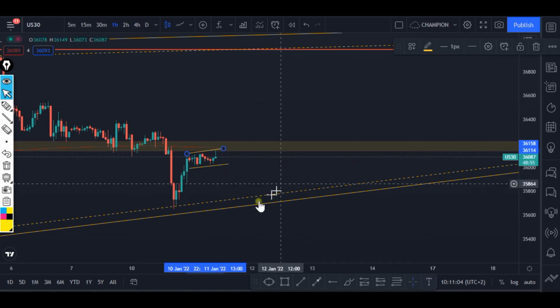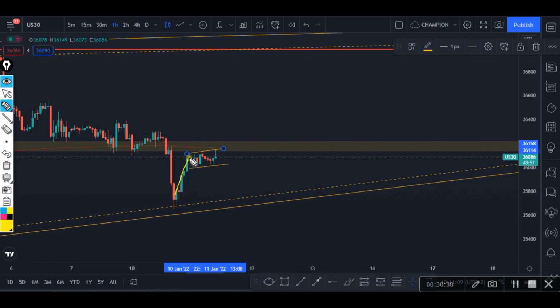Hope you guys are able to see this flag pattern right here. If you agree with me, comment in the comments down below and let me know what you think, because what is going to happen, according to my opinion, is the market is going to push high. For me it's a bullish flag. I hope you guys are able to see this bullish flag.